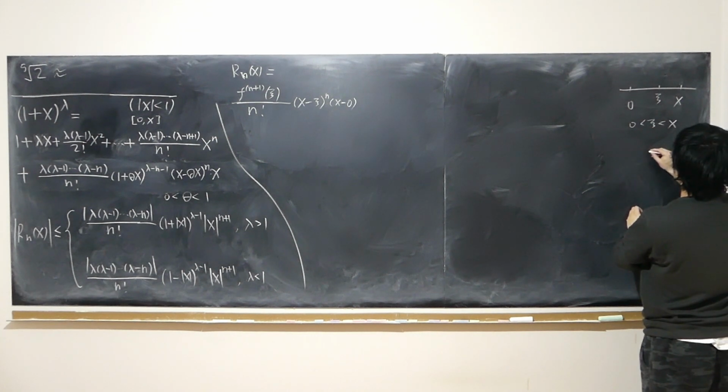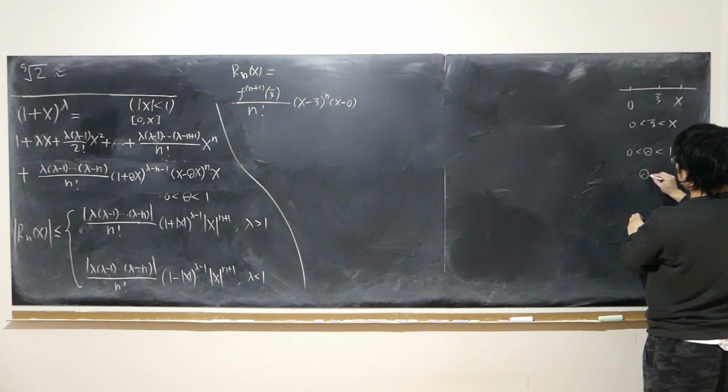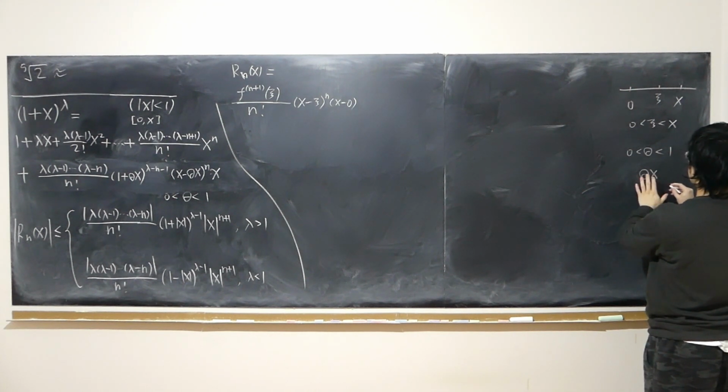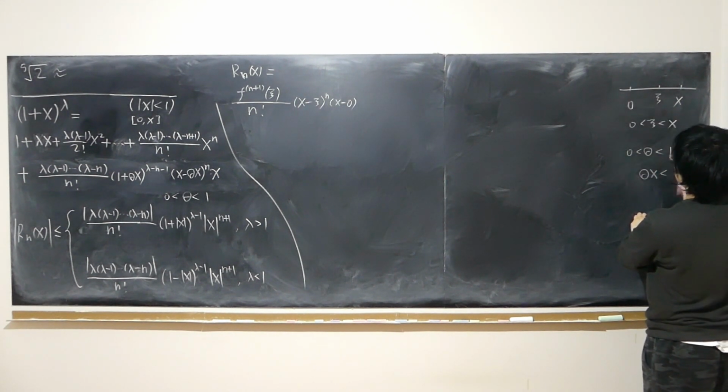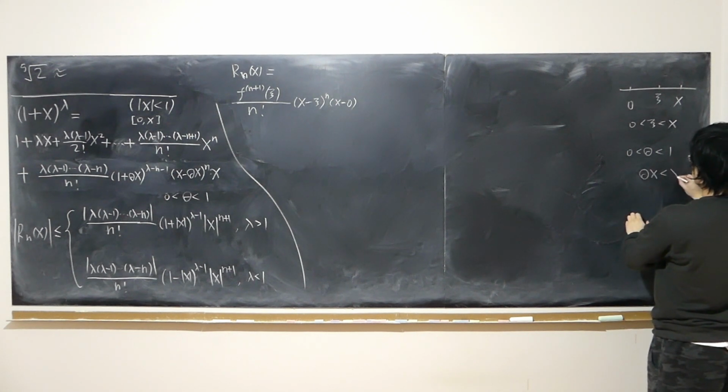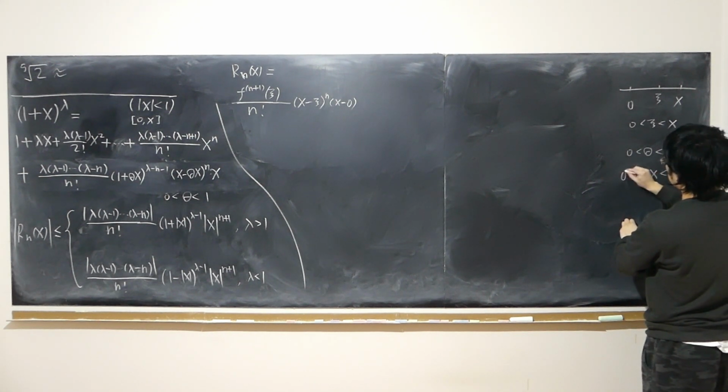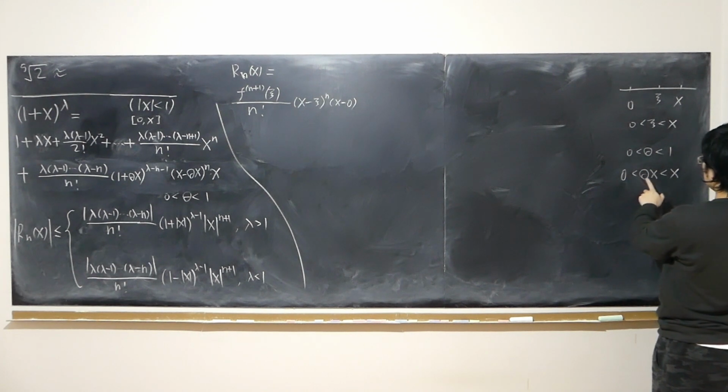The reason is that if we restrict theta between 0 and 1 and multiply by x, then if x is bigger than 0, theta x is really between 0 and x.